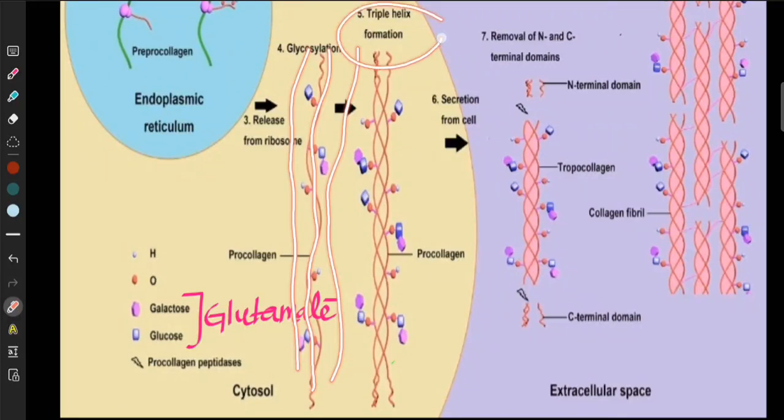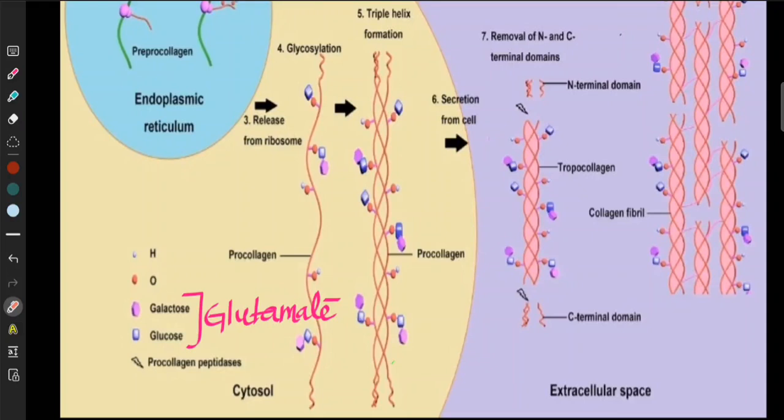And then there is an enzyme called procollagen peptidase. This procollagen peptidase will chop off the ends of the N and the C terminal, right? Why is it chopping off? Because as you can see over here, the helix structure is not properly formed. In this particular direction also, the helical structure is not properly intertwined.